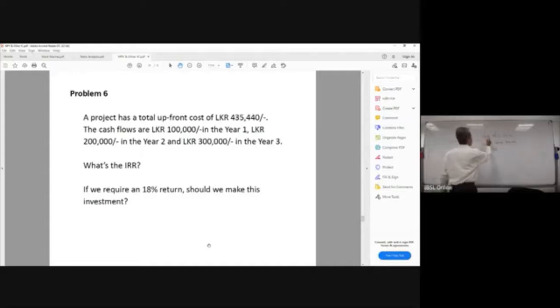These discount factors change. 1 plus 0.05.